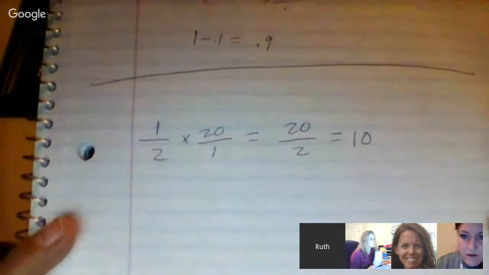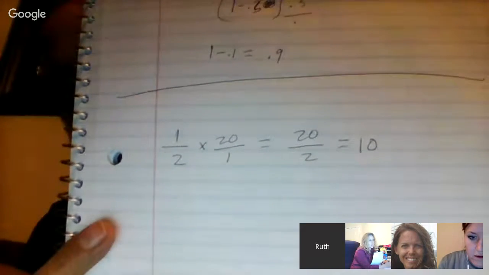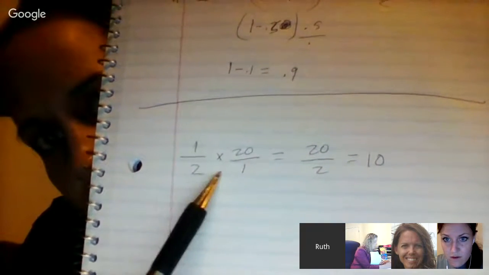Sorry, I'm totally lost now. Let me see. Can you see that? Oh, I see. So when you look at the 2, you times that by 10 to get this number here.